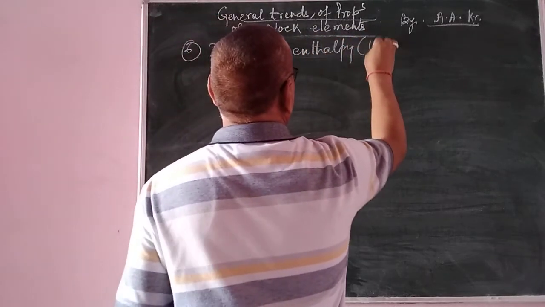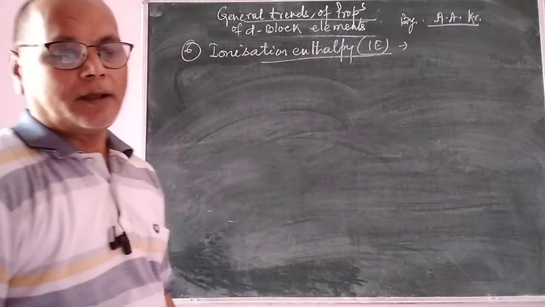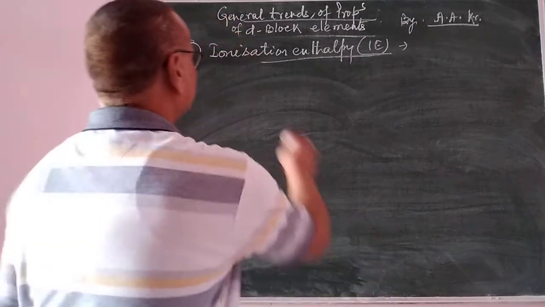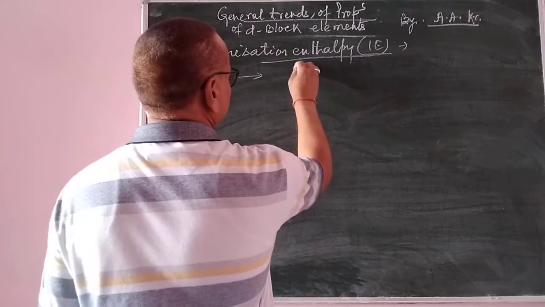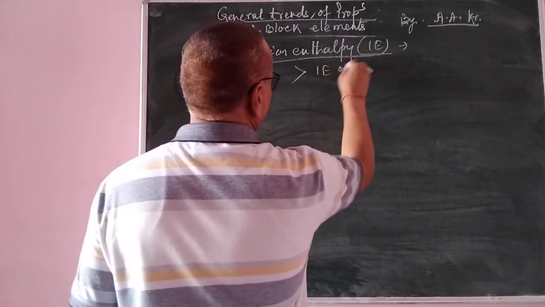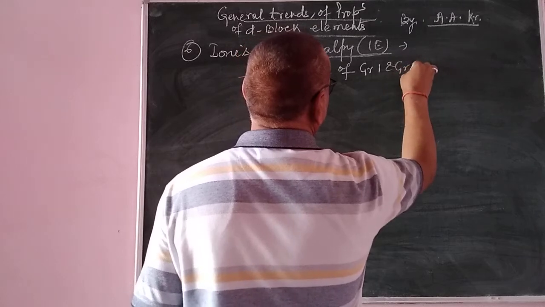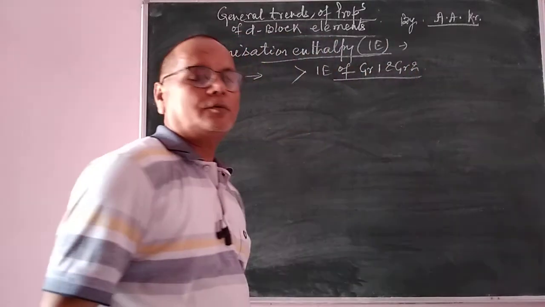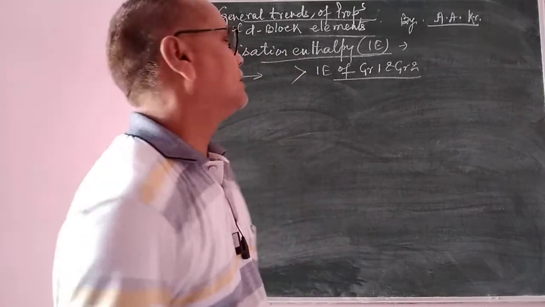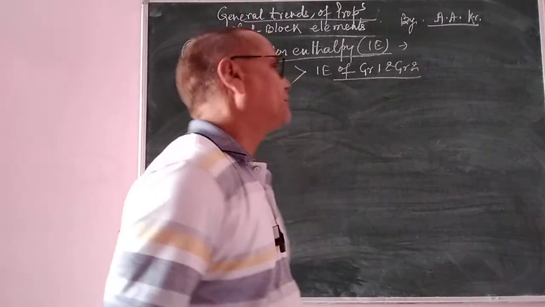The ionization enthalpy of transition elements is greater than the ionization enthalpy of group 1 and group 2 elements, because their atomic size is smaller than group 1 and group 2 elements.